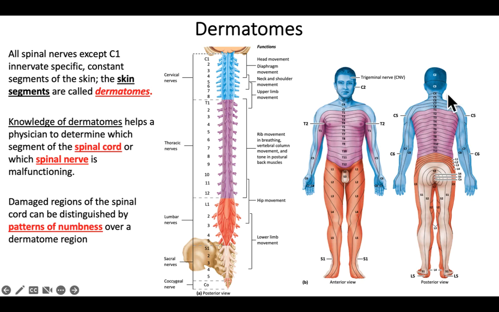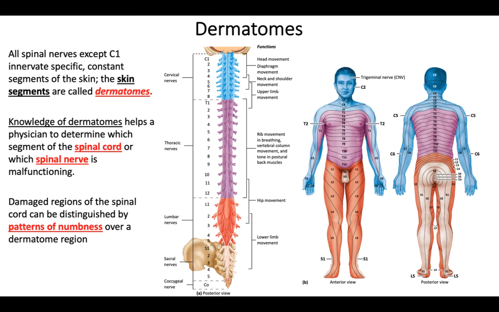A lot of books will show a very similar picture, but you'll notice all these segments of your skin are labeled with precisely what spinal nerve that sensory information enters at. So your skin is basically innervated by all spinal nerves except your face. Your face is innervated by one of your cranial nerves known as the trigeminal nerve.